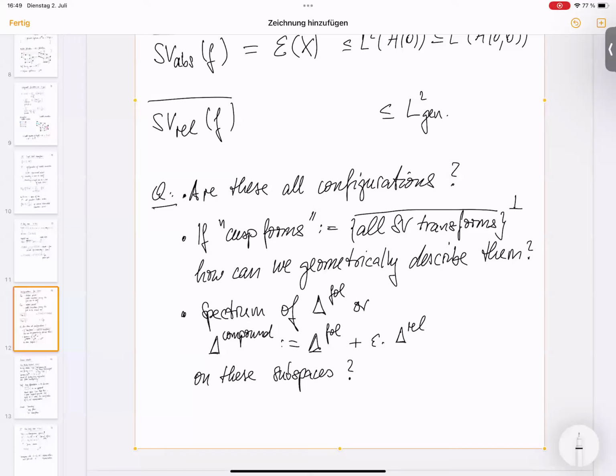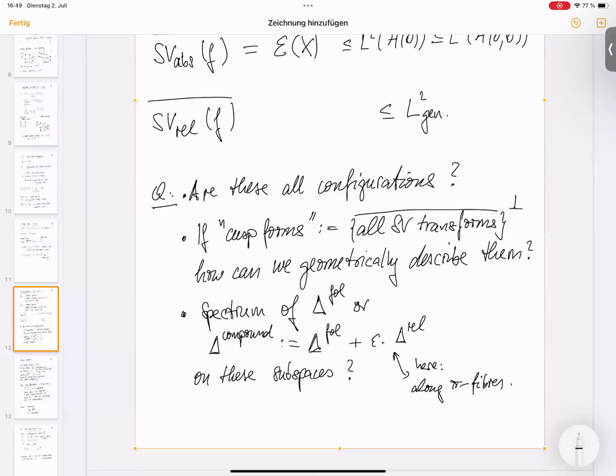The foliation by SL2R orbits, which is the lambda fol, and also the other foliation by relative periods, which is now really along the pi fibers. Pi was the projection to the modular surface. And maybe what we call the compound Laplacian behaves better. And I can foresee, yes, it will, at the very end of the talk.